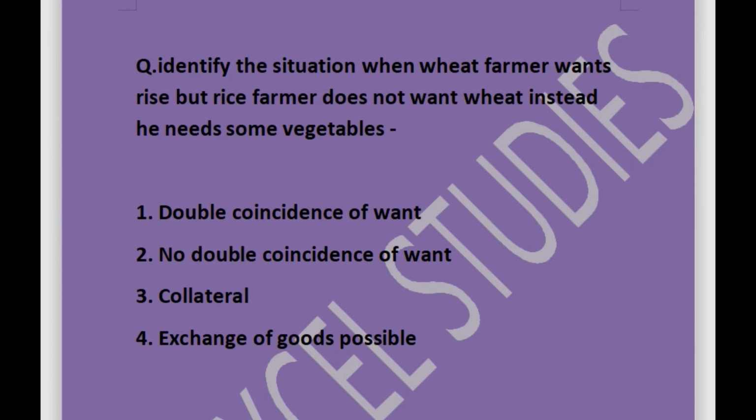If rice farmer wants wheat and wheat farmer wants rice, in that case double coincidence of want situation arises. But in this case, wheat farmer wants rice, but rice farmer does not want wheat. So in this situation, no double coincidence of want is the right option, and that is why no exchange of goods is possible.